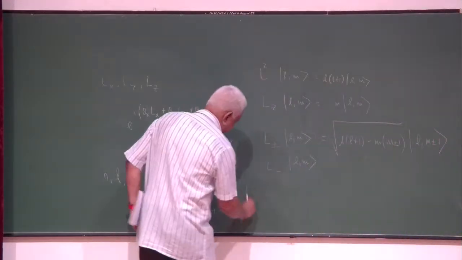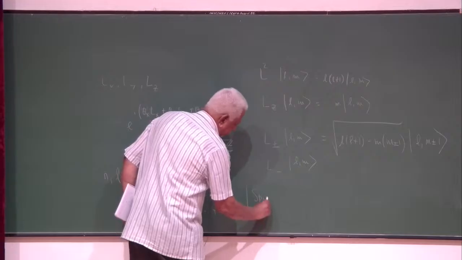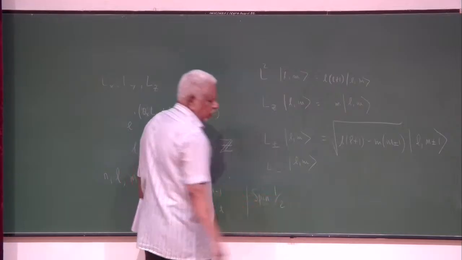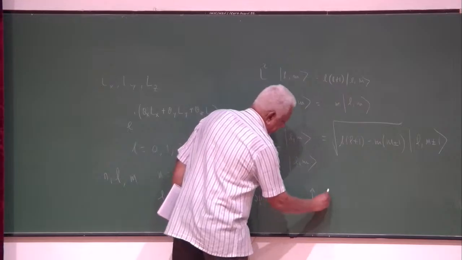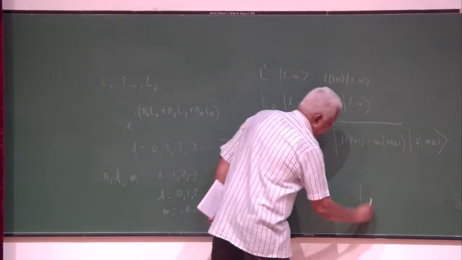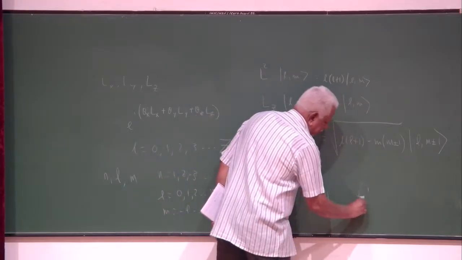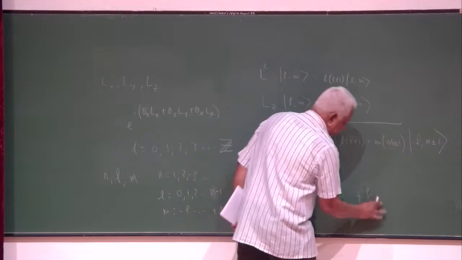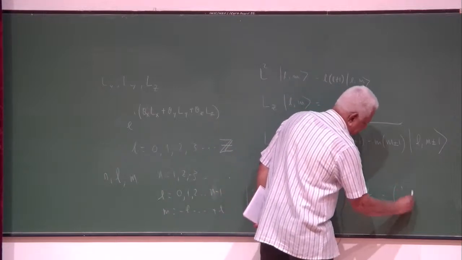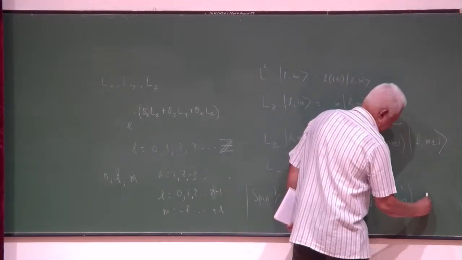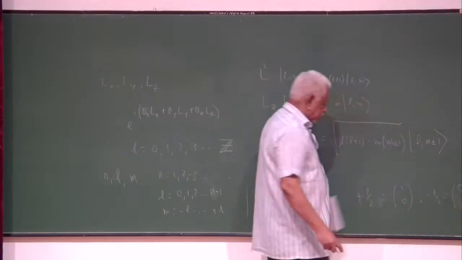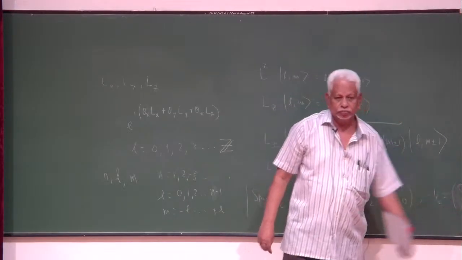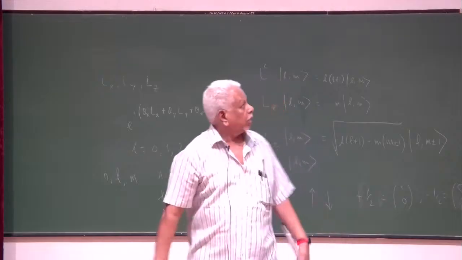Spin half will have spin up and spin down, or plus half, which is the 2 by 2 matrix 1 0, and minus half, which is 0 1. This is spin up and this is spin down. Okay? This is what is there.